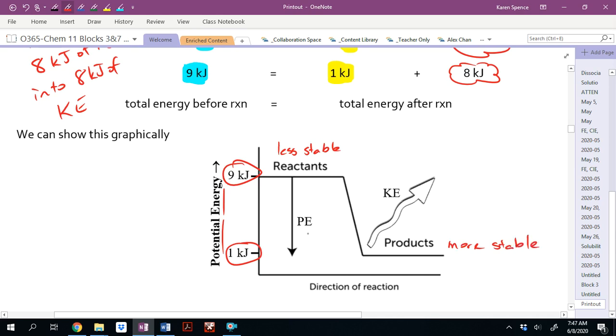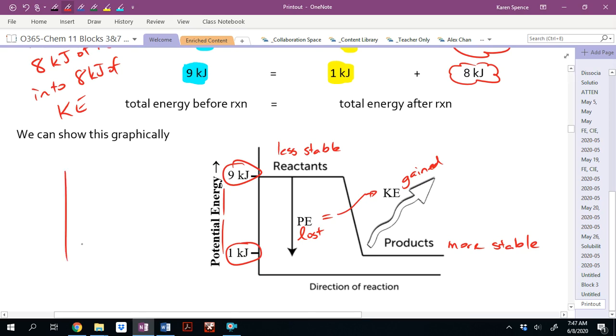The potential energy lost is going to equal the kinetic energy gained. It's weird to say this because the system is losing kinetic energy, but in total the universe gained kinetic energy; it's just coming out of the reaction and into the universe. So we have made kinetic energy out of potential energy.